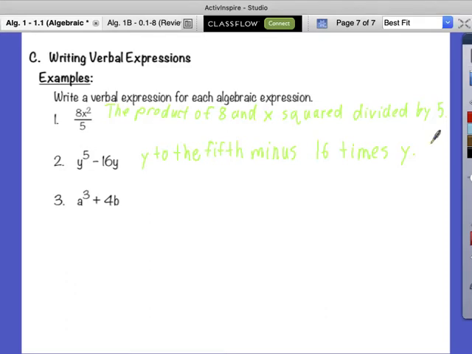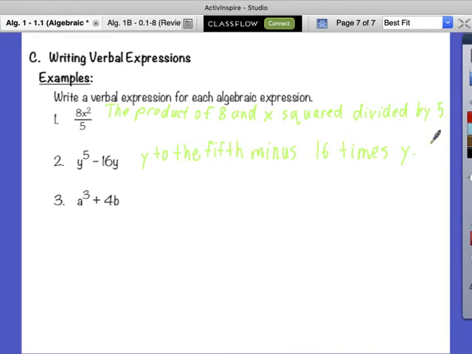You might be wondering, Mr. Kossel, can we write the number 16? Yeah, you totally can. Can we write 5th as 5th? Yeah, I'm fine with that as well. You don't have to just say a number on this one.